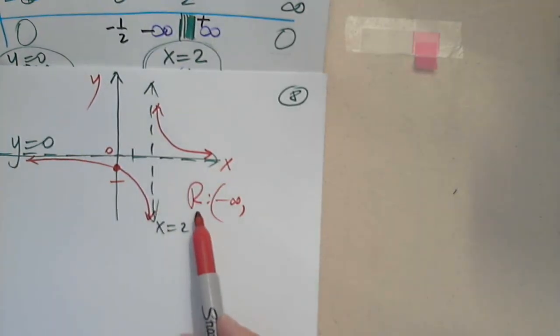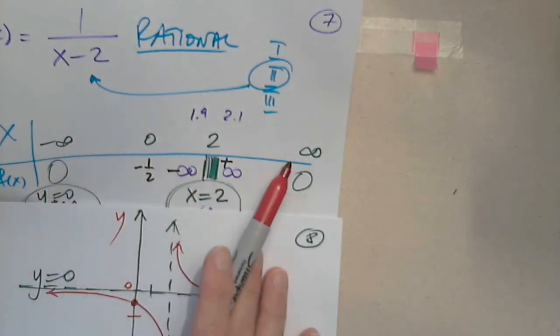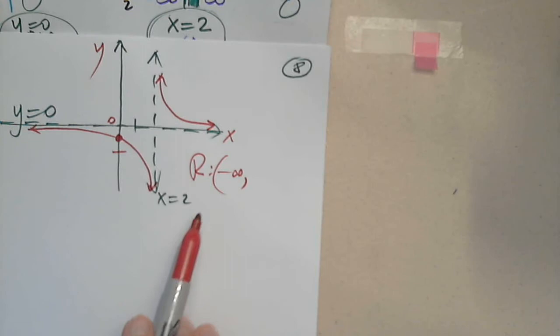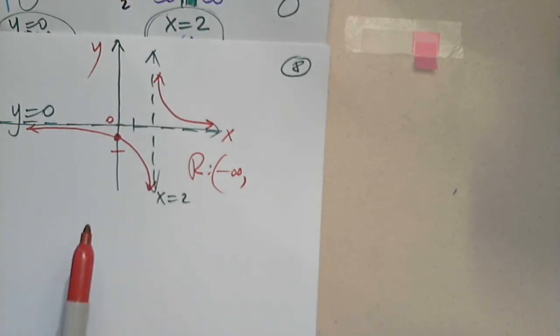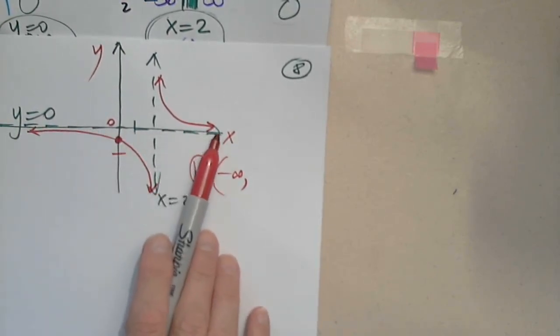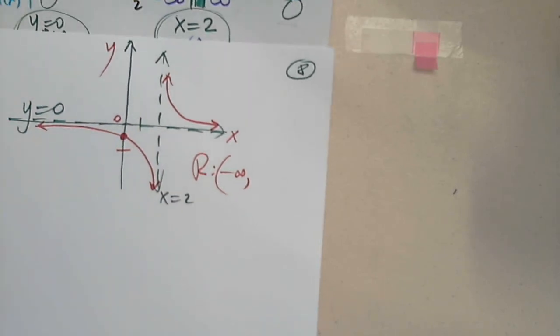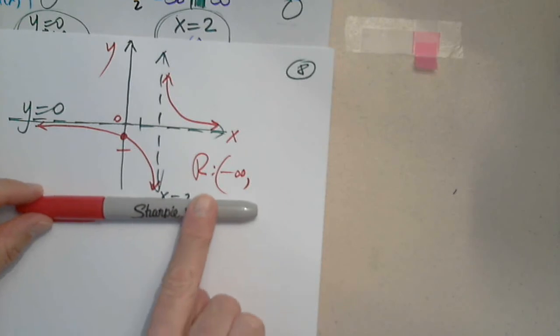We're talking about the range. The domain is in the table. We're talking about the range. Negative infinity to 2, union 2 to infinity. Careful, careful. Follow my marker.